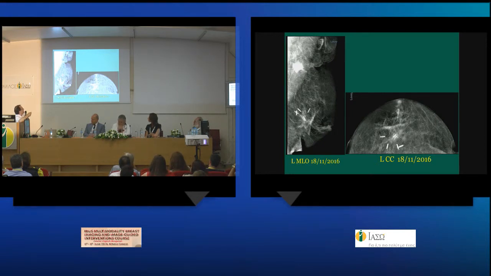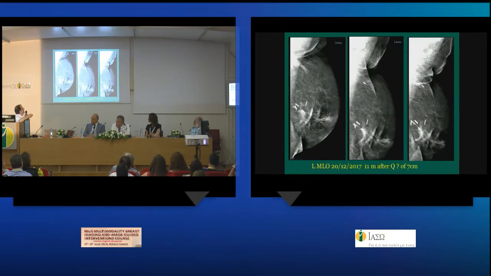Here we can have a different projection. You have a lesion here. And in December 2017, 11 months after quadrantectomy, you cannot measure 7 centimeters. It's not a quadrantectomy, 7 centimeters in a big breast of tissue. It's a lumpectomy. It's totally different.